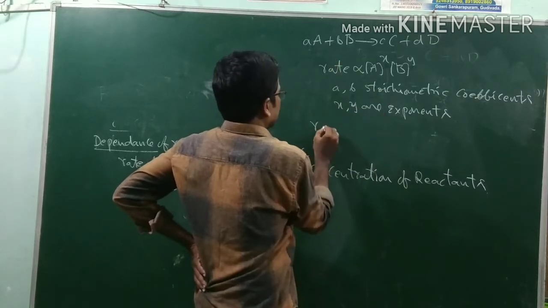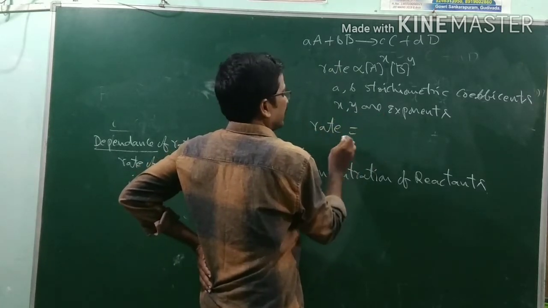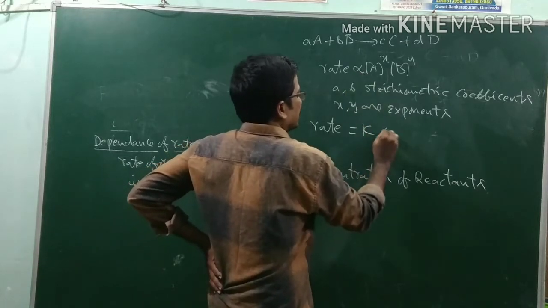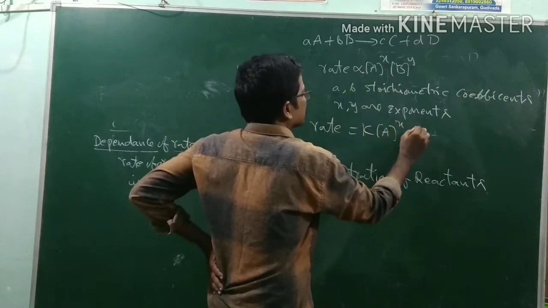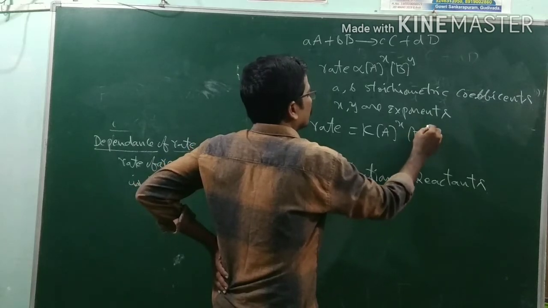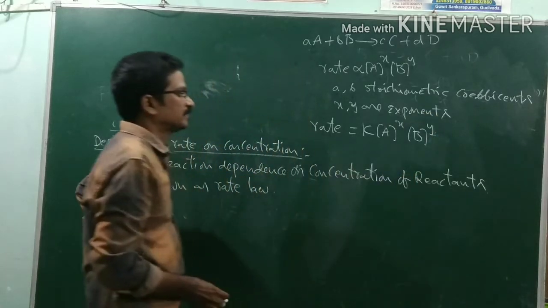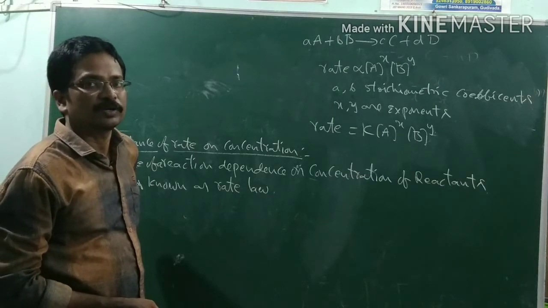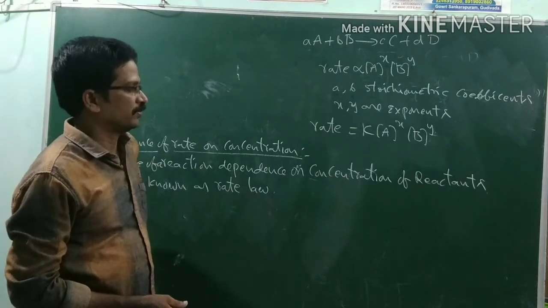From this reaction, you may write like this. Rate is equal to K, the proportionality constant, times [A] to the power of x, times [B] to the power of y.